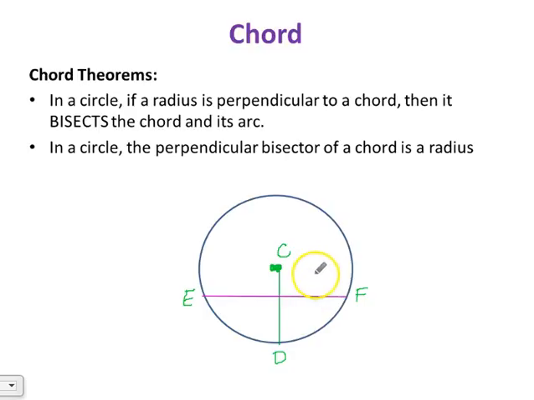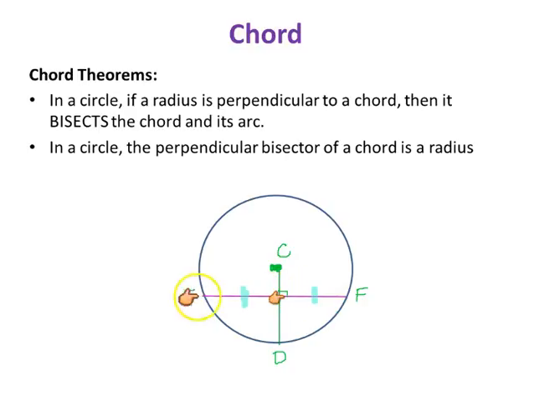So according to this theorem, we've got our chord in purple. Here's our chord, and it intersected the radius at 90 degrees. So we got a 90-degree angle here. Then, according to this theorem, we know that it bisects its chord. This segment here is going to be congruent to this segment here.